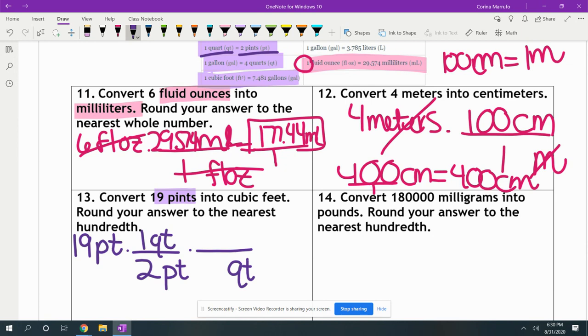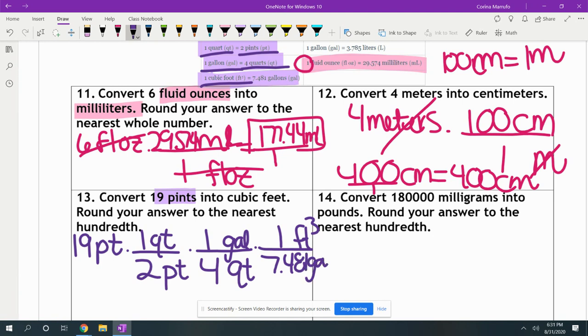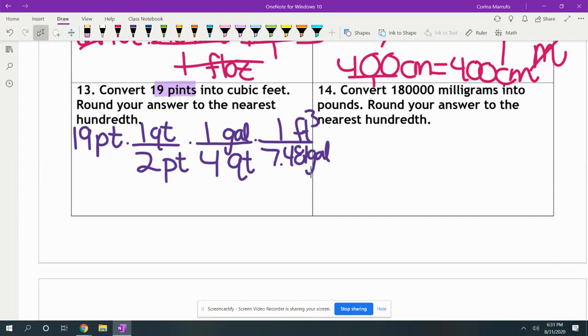And from there, we know 4 quarts is equal to 1 gallon. But we don't want gallons either. We want cubic feet. So here it's going to be feet cubed. That's 1 cubic foot is equal to 7.481 gallons. Okay. So now that we have this all set up, we're going to start canceling everything out.